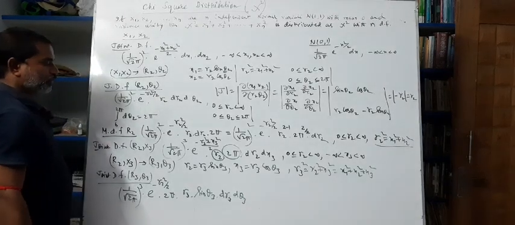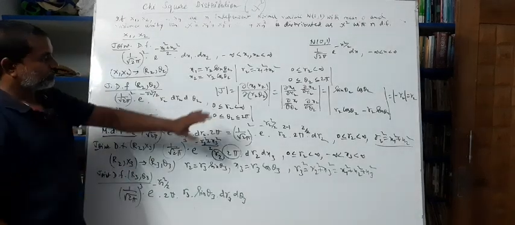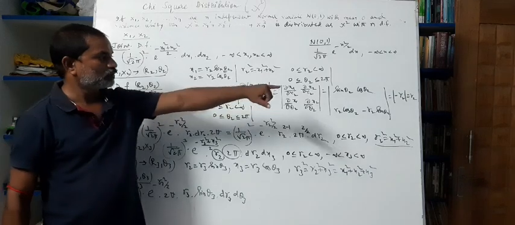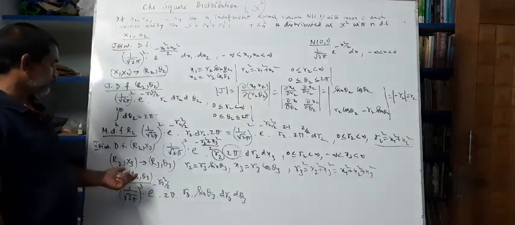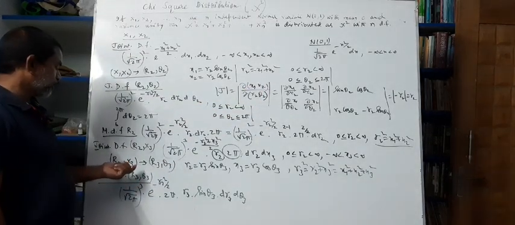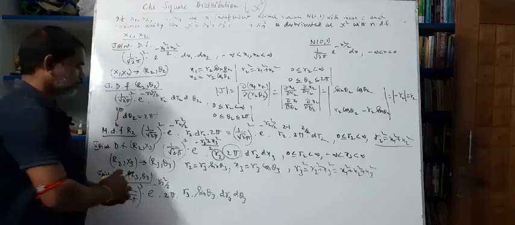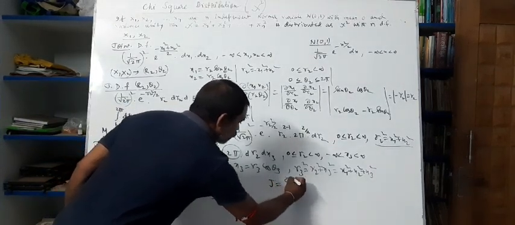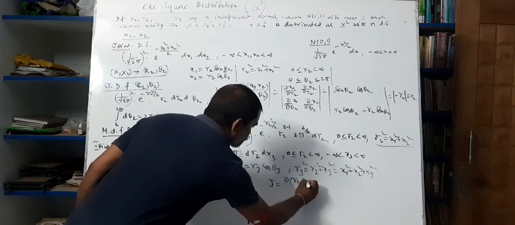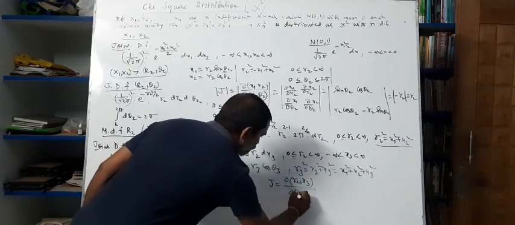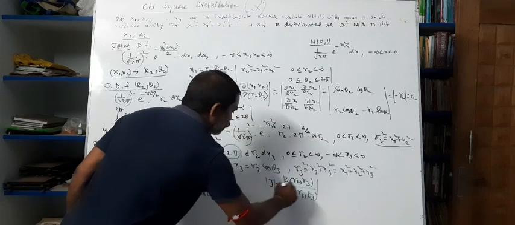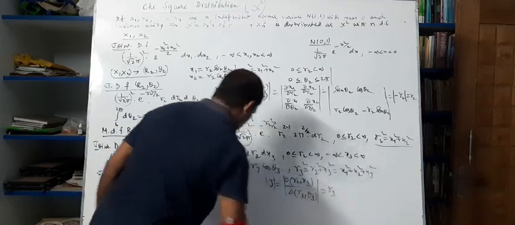From this we have to find the Jacobian. In the same way we can find the Jacobian J, that is equal to del of R2, x3 by del of R3, theta 3, and its modulus is equal to R3.